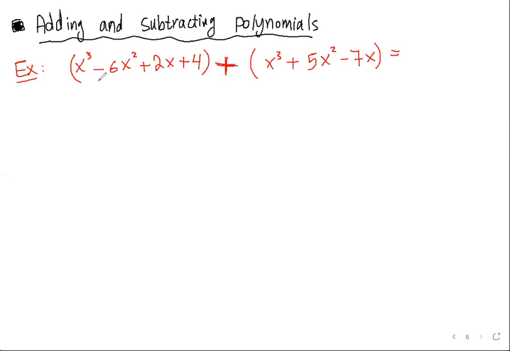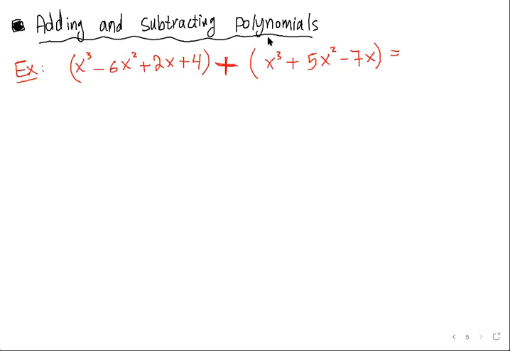So if I want to add a polynomial to another polynomial, I have to group like terms. What does that mean? I'm looking for the variables raised to the same power. This variable is raised to the power 3, and this variable is raised to the power 3 again. So I make both of them a group, okay?